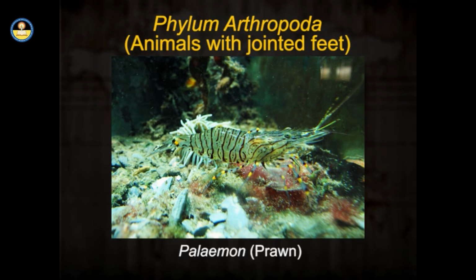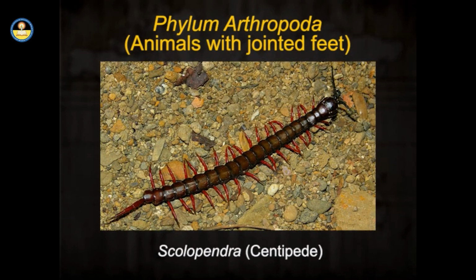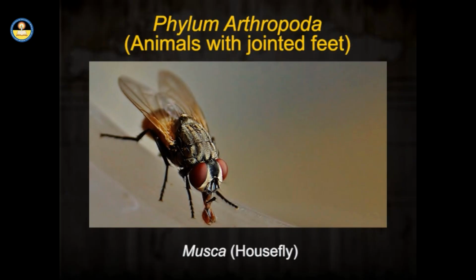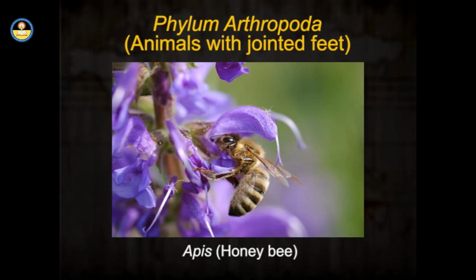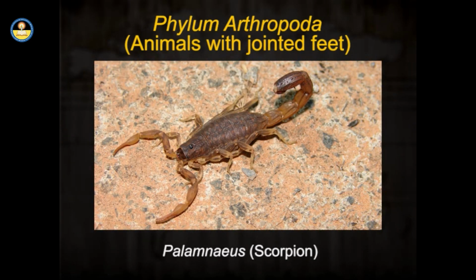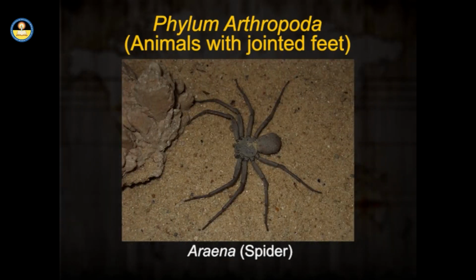Palaemon, that is prawn. Periplaneta, cockroach. Scolopendra, centipede. Musca, housefly. Anopheles, mosquito. Apis, honeybee. Palamnaeus, scorpion. And Aranea, that is spider.